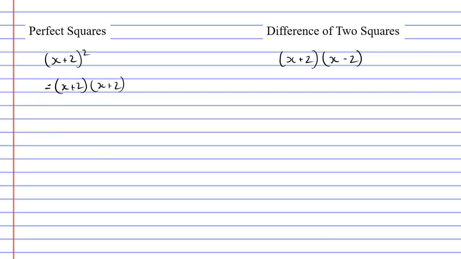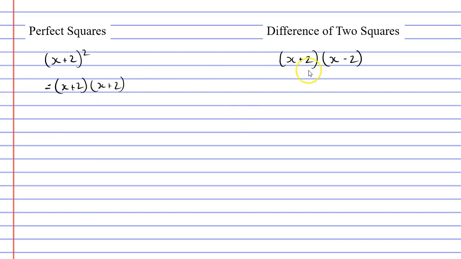And now they look very similar, with a very slight difference: the one on the left has a plus in both sets of the brackets, and the one on the right has one plus and one minus.